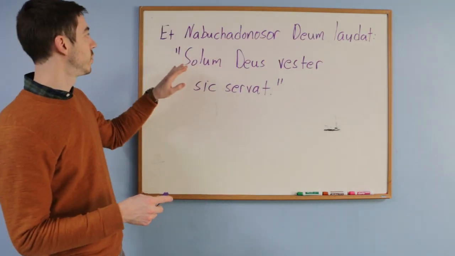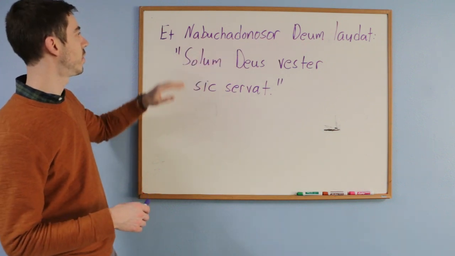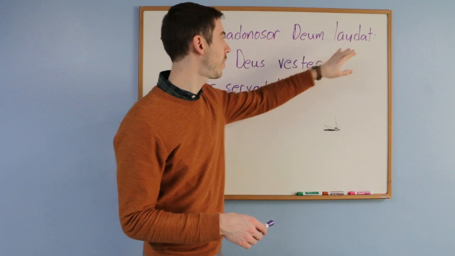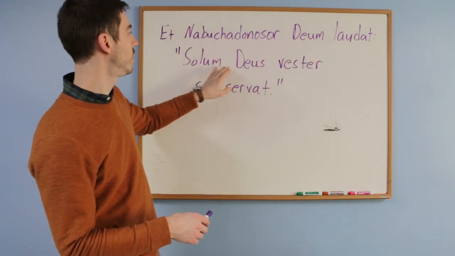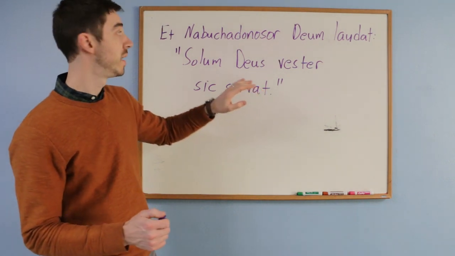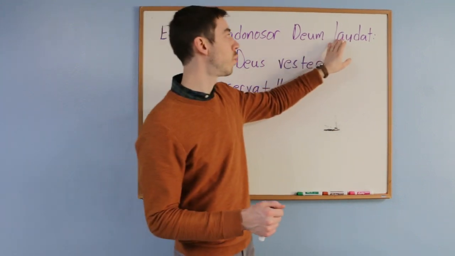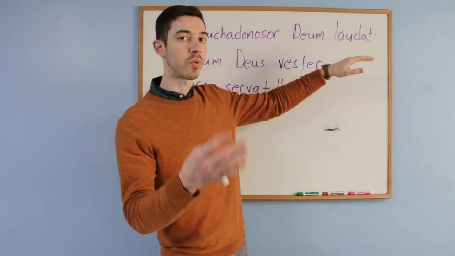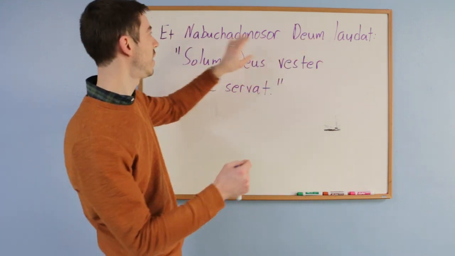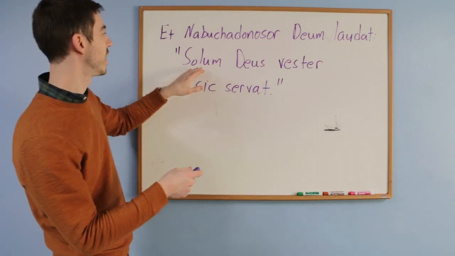All right, so we'll do the last two sentences together. So I have them both up here. Et Nabucodonosor Deum laudat, solum Deus vester sic servat. So this would mean, and Nebuchadnezzar, he what? He laudat, he praises Deum, God. So Nebuchadnezzar praises God, and this is what he says to praise God.